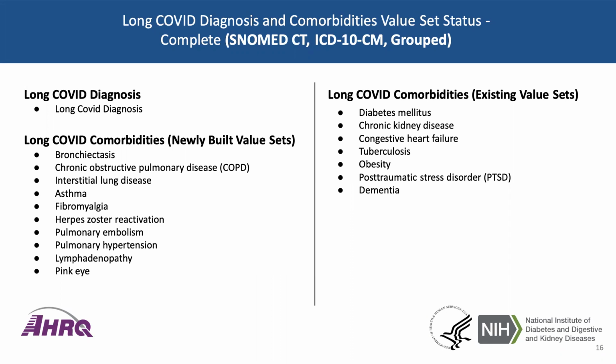So we will be referring to the existing value sets where it is possible. But anything that we identified as a long COVID comorbidity and does not exist is on the left-hand side, where we have created new value sets for those. So this slide just represents the long COVID diagnosis and associated comorbidities related value sets. Next slide.